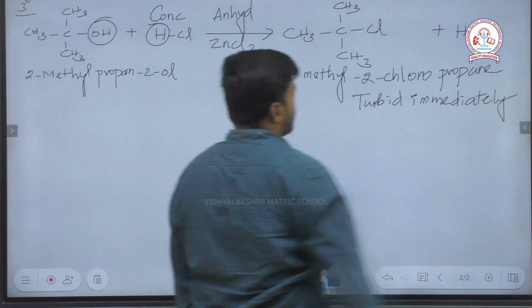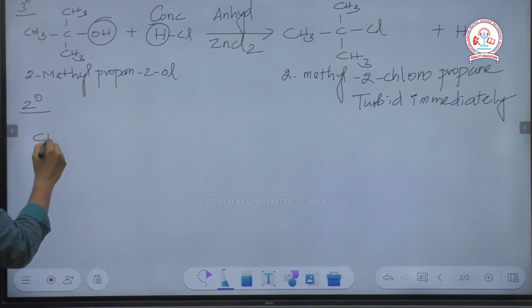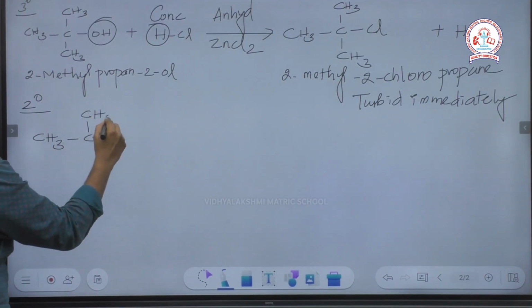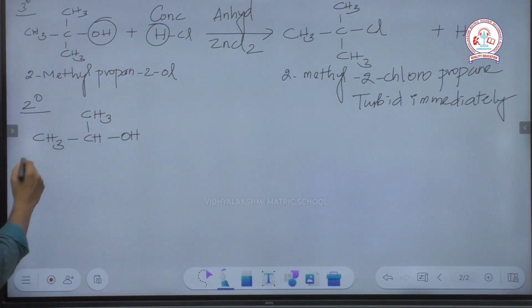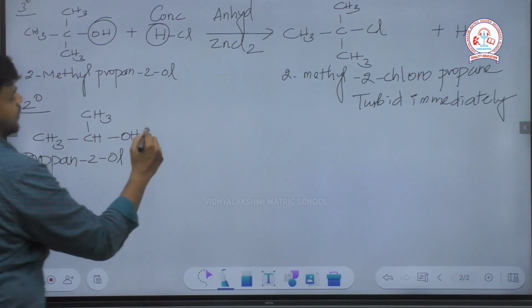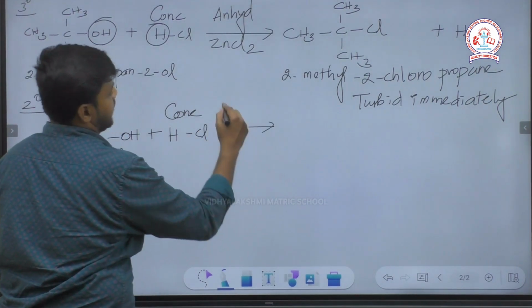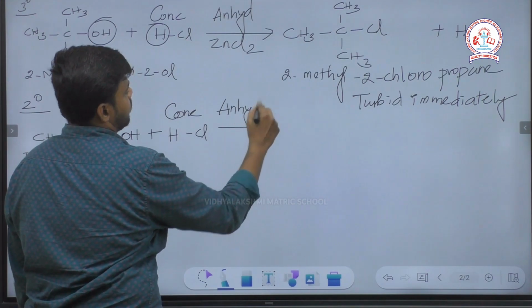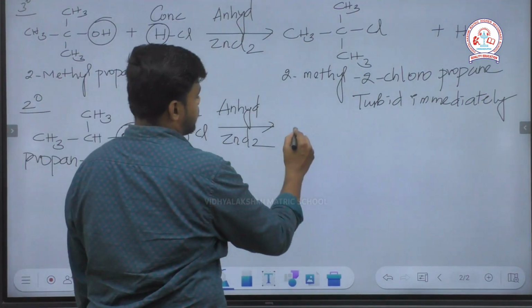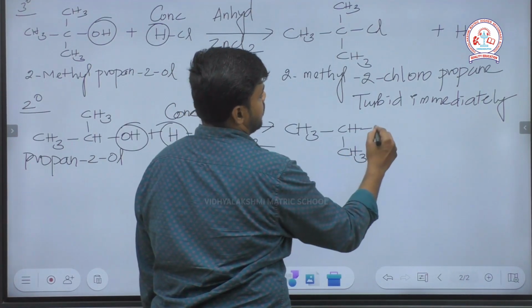The next one is secondary alcohol. The secondary alcohol is CH3, CH, CH3, with OH. The name of this is propan-2-ol. On treatment with concentrated HCl in the presence of anhydrous zinc chloride, since it's a dehydrating agent, it removes the water molecule so that your product is CH3, CH, CH3, Cl.